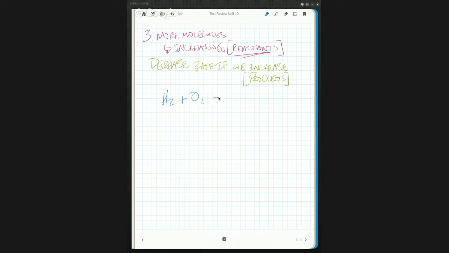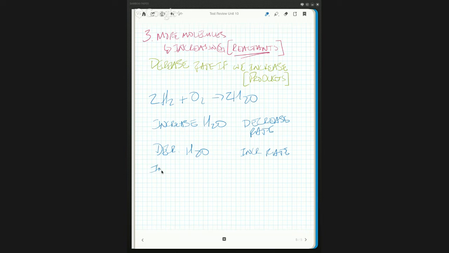H2 plus O2 yields H2O. So if we increase H2O, we decrease the rate of the reaction. Okay? If we decrease H2O, then we increase the rate.